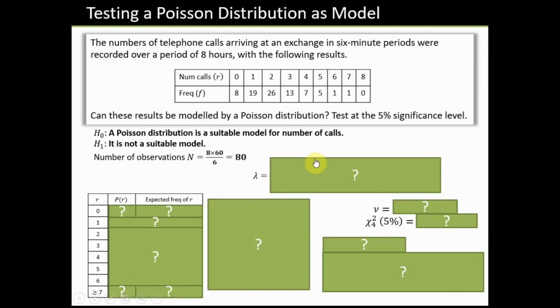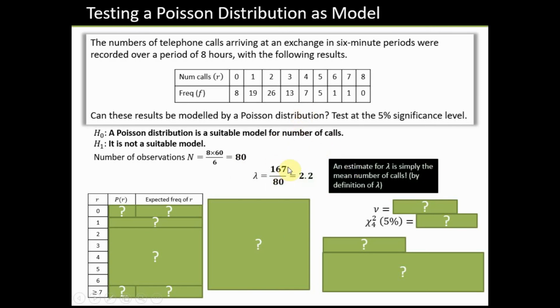We can estimate our value of lambda by finding out how many calls there were altogether. So that's multiplying these values and then dividing it by the number of time periods, 80, so that comes out to be 2.2. So it's averaging 2.2 calls in each 6-minute period.